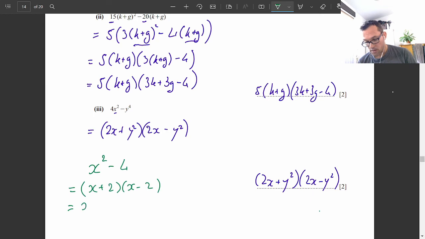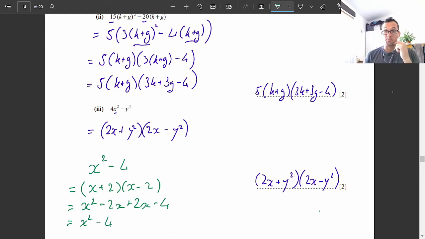X times x is x squared, x times minus 2 is minus 2x, 2 times x is 2x, and 2 times minus 2 is minus 4. Now we have the x squared there, minus 2x plus 2x eliminate each other, that will be 0, and we get the original answer. See, that works. That only works if we have a negative in the middle and two square numbers.